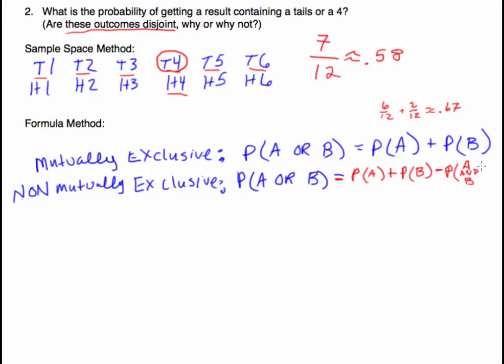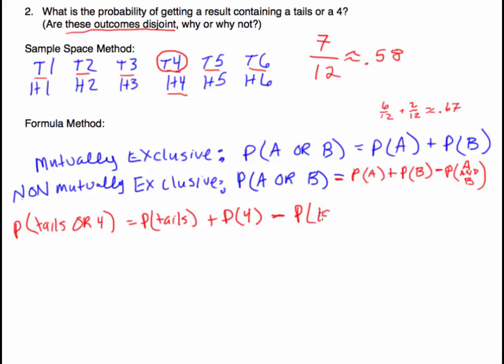So in this example, if we're looking for the probability that we get a tails or a 4, we can add up the probability of getting tails plus the probability of getting a 4, but then we need to subtract out the probability that we have a tails and 4, where they both occur at the same time, because this is going to be double counted. The tails and the 4 occur in both of these probabilities.